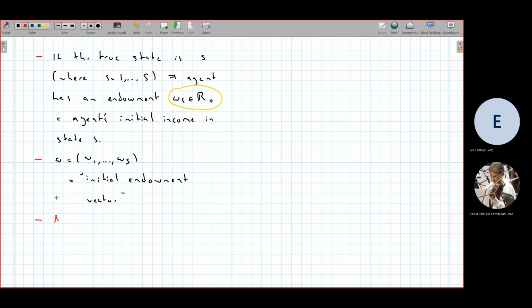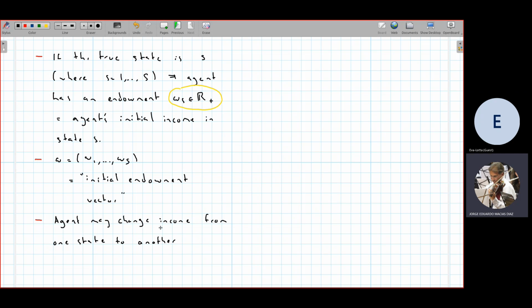So the agent may change income from one state to the other, and he can do that by selling what we're going to call securities.